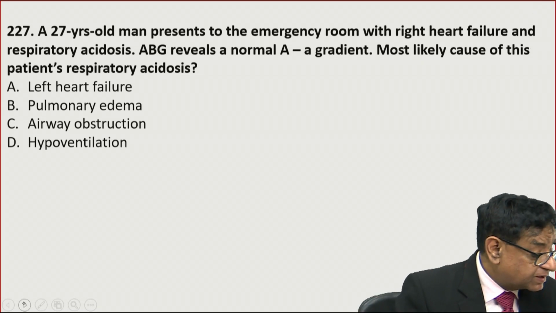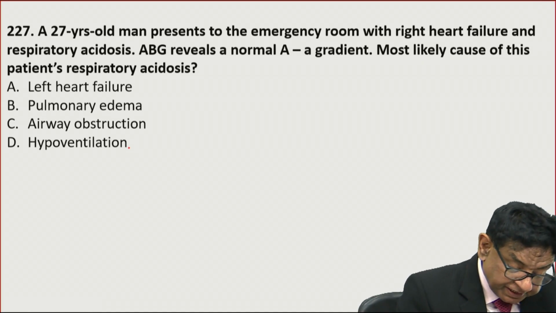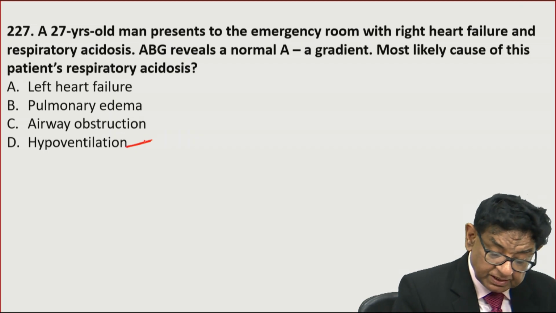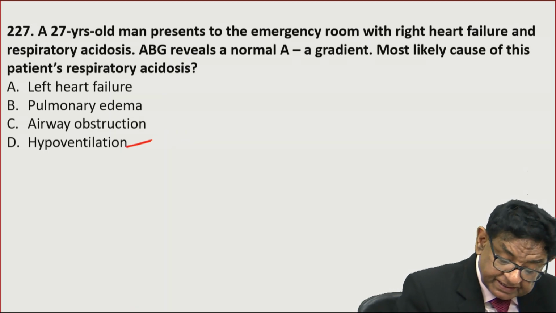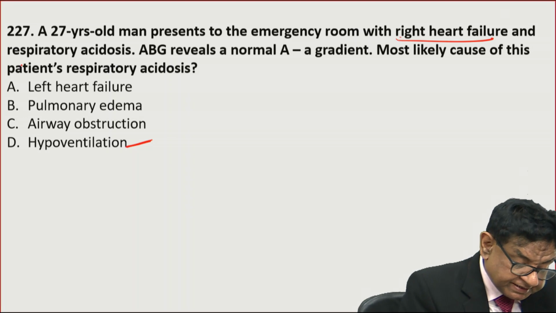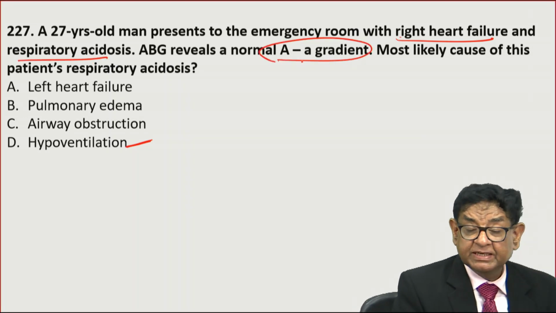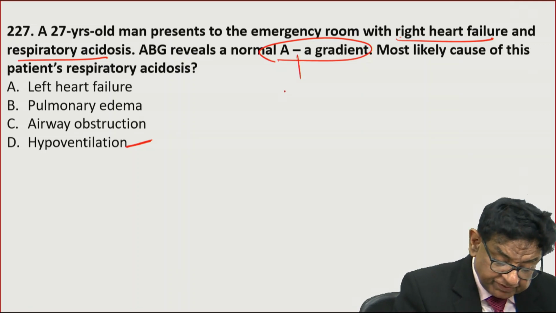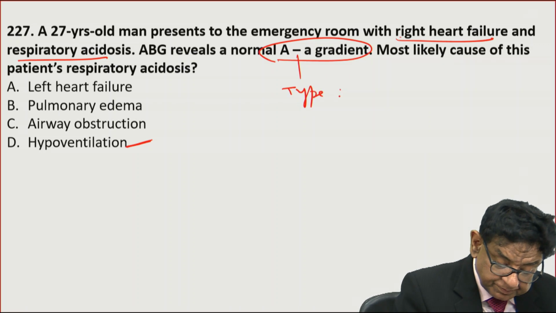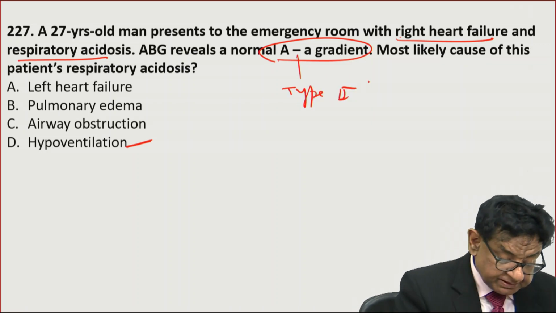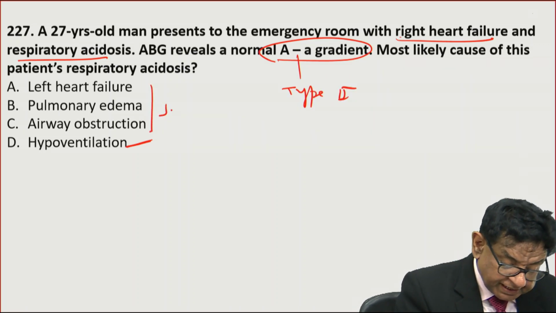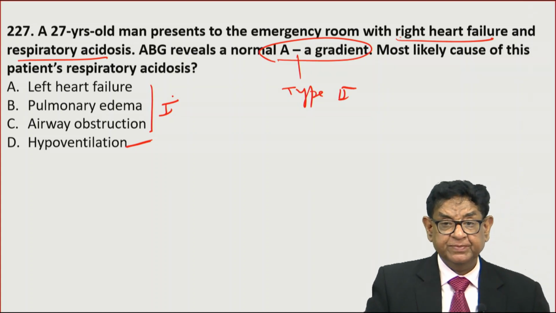227. The answer to this question is hypoventilation. Well, he has right heart failure and he has respiratory acidosis. The gradient is normal. And this is seen in those conditions where we have type 2 respiratory failure. In these three, you get type 1 respiratory failure.